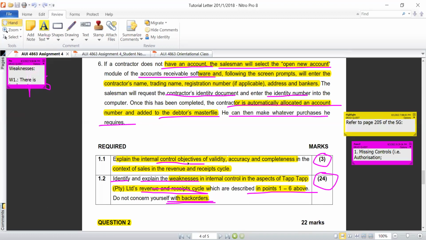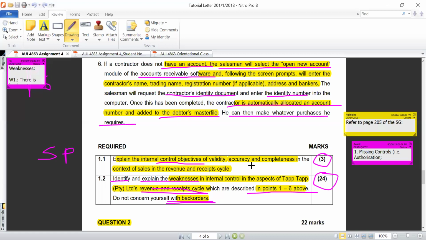So in question 1, the required section is always your point of departure, or what I call the starting point. Whenever it comes to essay-based questions, this is always your starting point. So in the first question, 1.1, they say explain internal control objectives of validity, accuracy, and completeness in the context of sales in the revenue and receipt cycle.